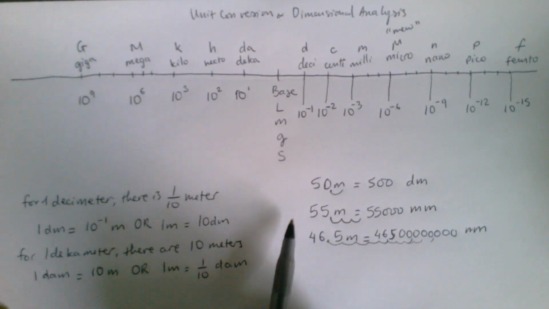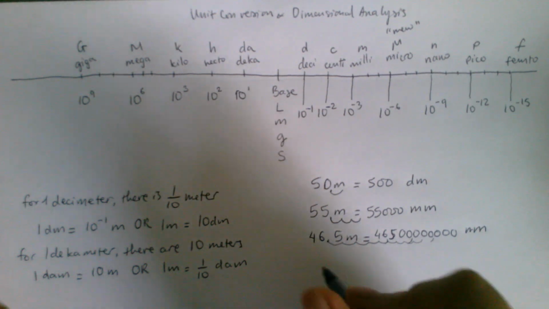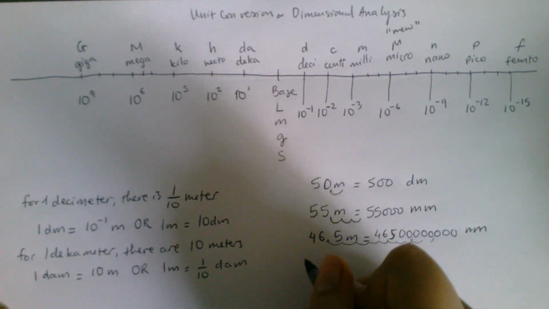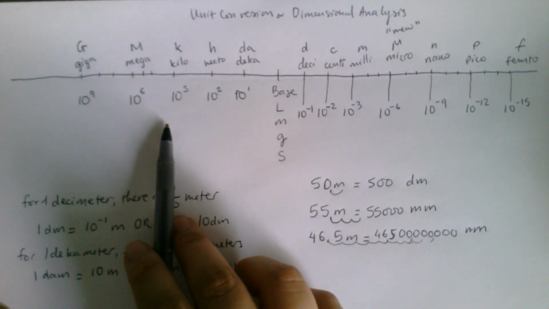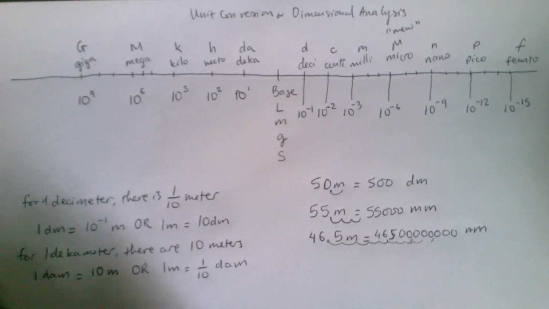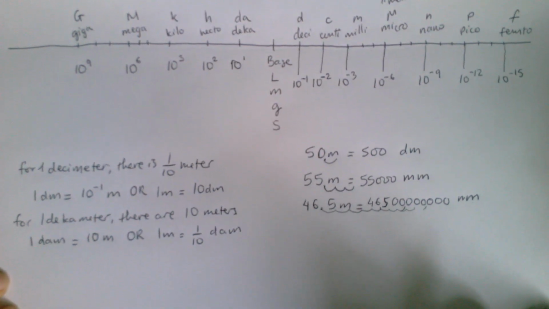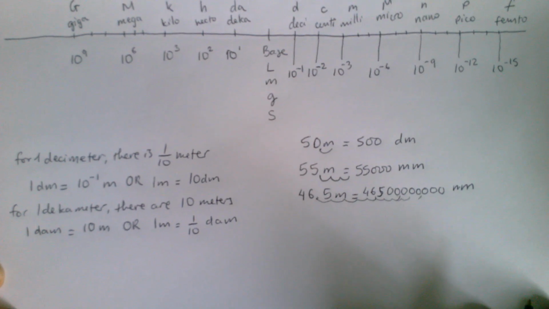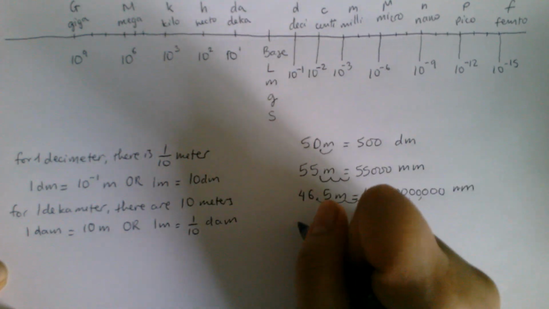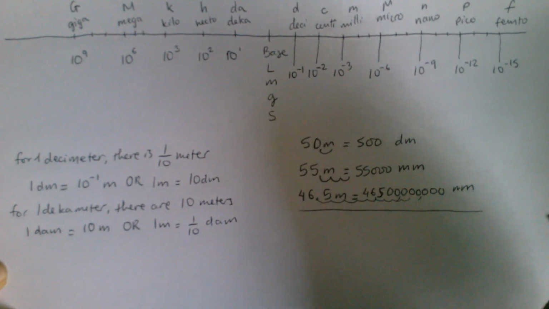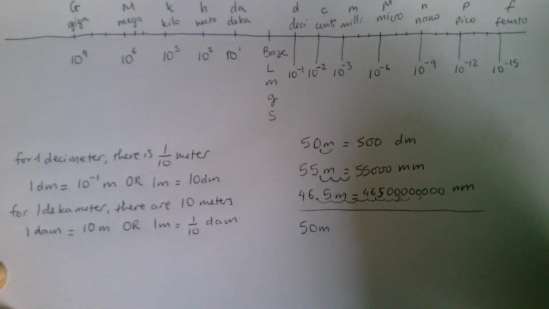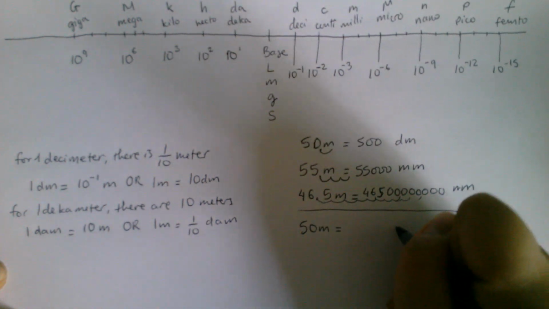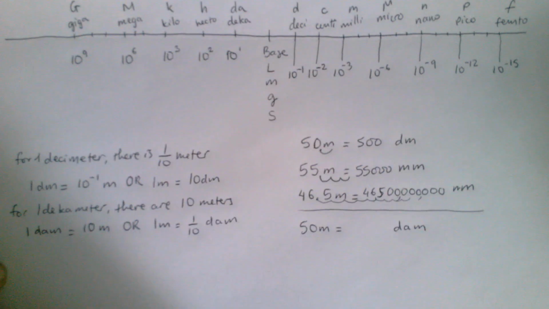Now let's do the opposite direction. We have meters. How do we get to decameter? Let's just do a small one. So if I have 50 meter, how many decameter is that?